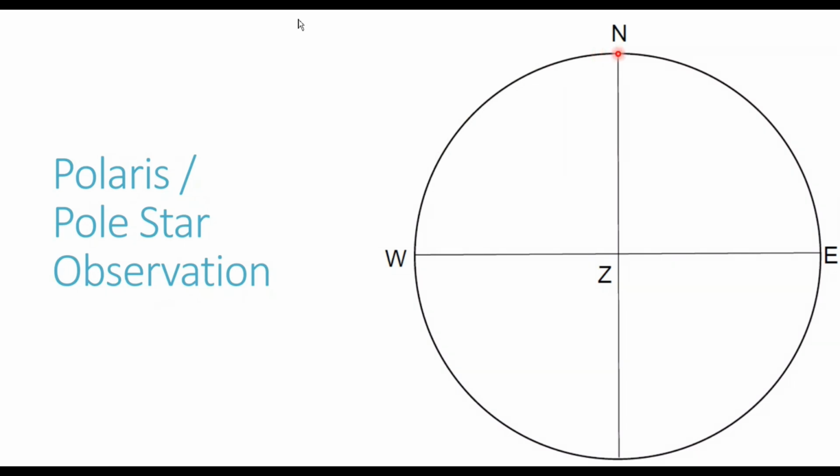Our observer is in North Hemisphere in this case. Now, when the observer is in North Hemisphere, the equator will be south of the observer. Similarly, on the celestial sphere, the equinoctial is going to be south of the zenith of the observer.